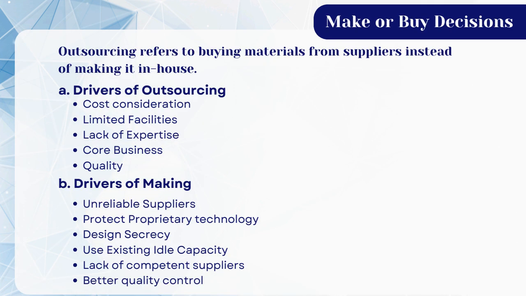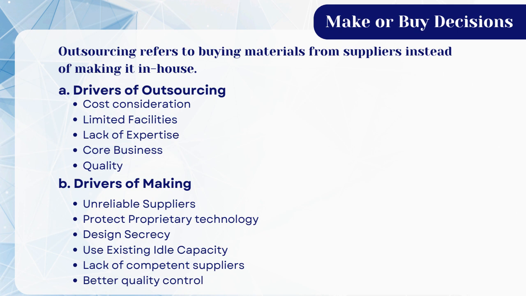Okay, then we have outsourcing. It's basically your make or buy decisions. Making being you're physically making or manufacturing, and buying being from an outsourcing perspective. So what are some of the drivers in terms of both of these?